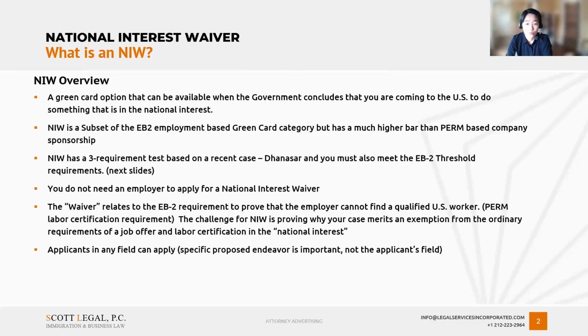So we will exempt you from this requirement. So that's sort of how the NIW works. You need to meet the challenge of proving to the government why your case merits this special treatment. And therein is the challenge.